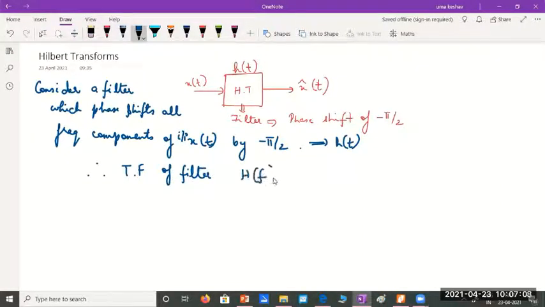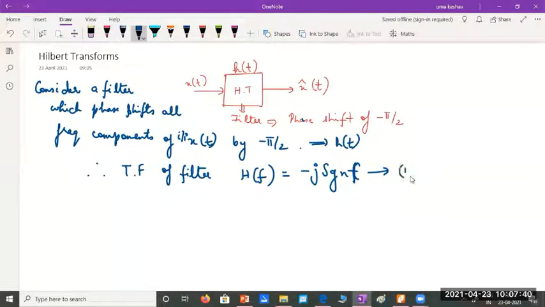It should be in the frequency domain, h of f. Can you give me the best mathematical equation to represent a function which shifts all phases in the input signal by -90? I'll tell you, I can use the function as minus j signum of f. Why this works?